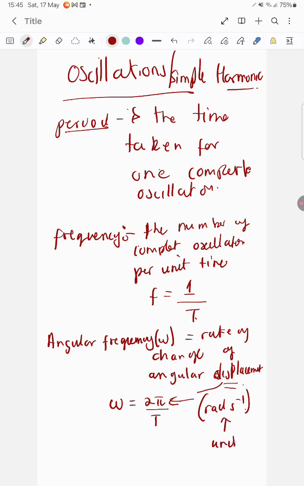That's the unit. So this is just f is equal to 1 over T, and omega is 2 pi over T. Got it? Lovely.